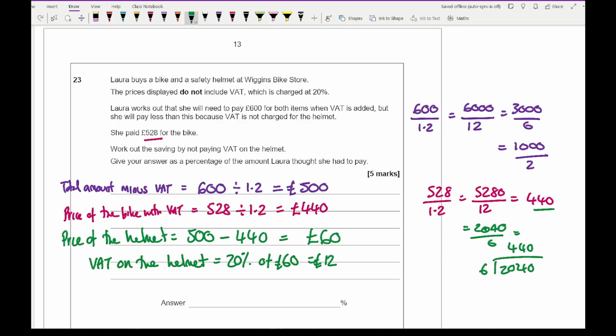And then we want to write that as a fraction, so it's going to be 12 over 600. And we can simplify that by dividing by 4. So we've got 3 over 150. We can then divide by 3 again. So we've got 1 over 50, which as a percentage is going to be 2 over 100. So the answer then is going to be 2%.